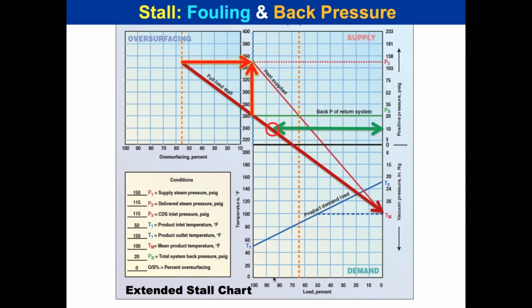As the effective area goes down, the steam pressure goes up. Now, we're going to follow this particular curve. And look, the stall point has just jumped down to 55%. It went from 85% to 55%. Why? We have less area, so we've got higher pressure. So we've got a lot of pressure to overcome that 10 pounds of back pressure.